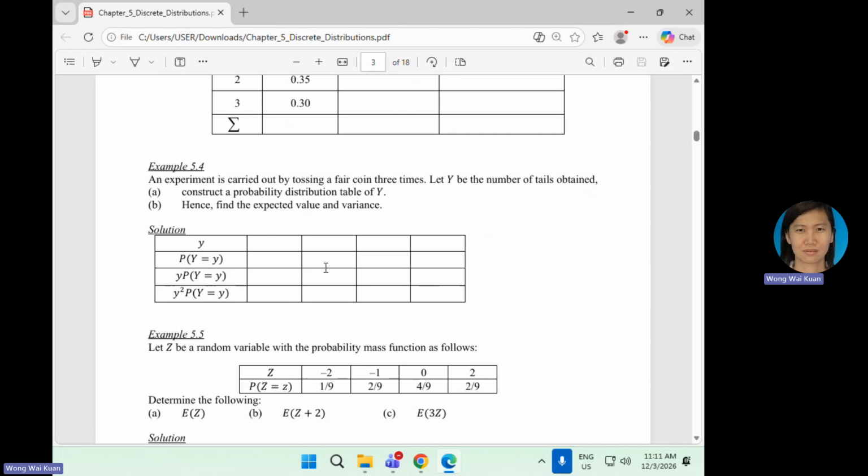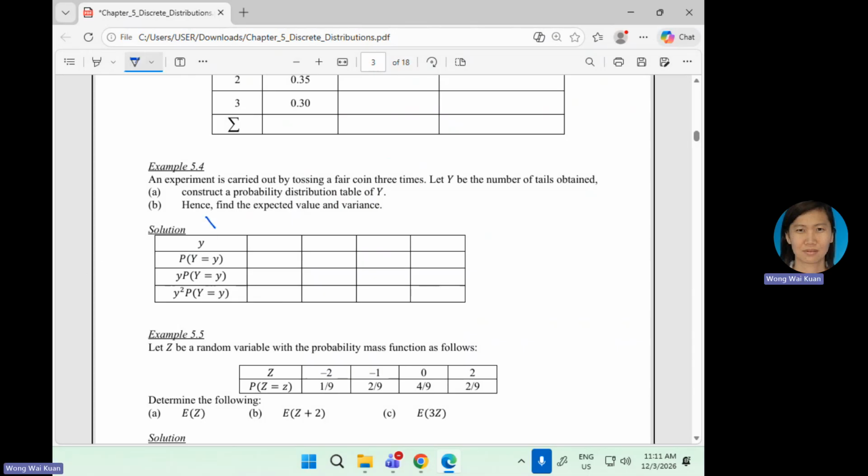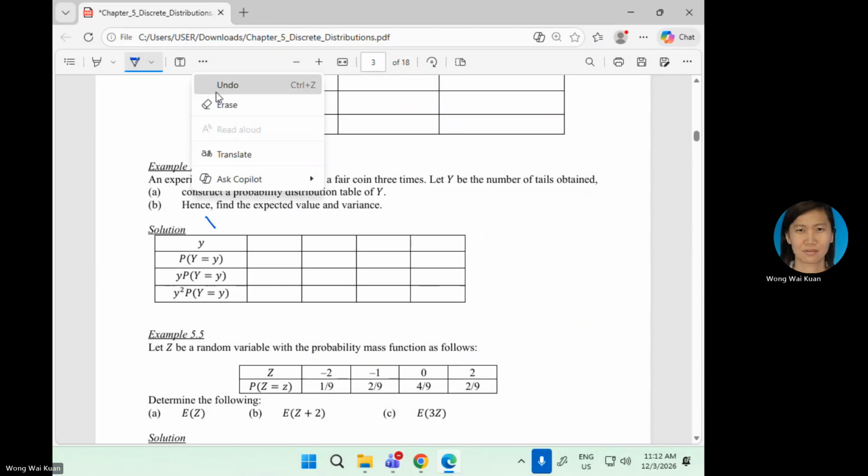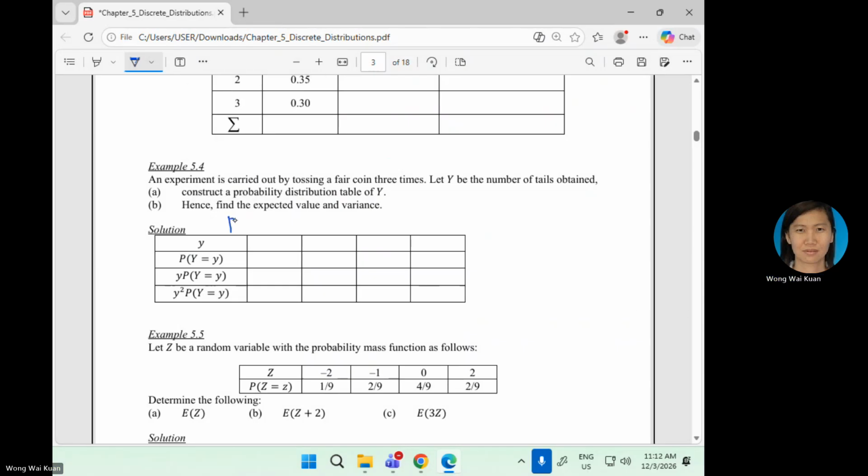What are the possible values of Y? 0, 1, 2, 3. So Y takes values 0, 1, 2, 3.